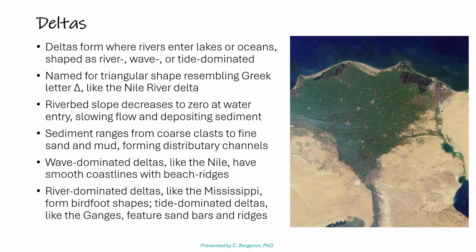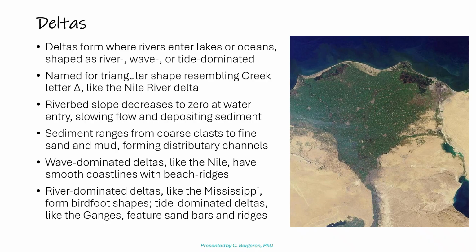So if you notice the outer shape here, let me get my pointer here, it's smoother. And so your wave-dominated deltas generally have smooth coastlines and beach ridges on the land that represent the previous coastlines.